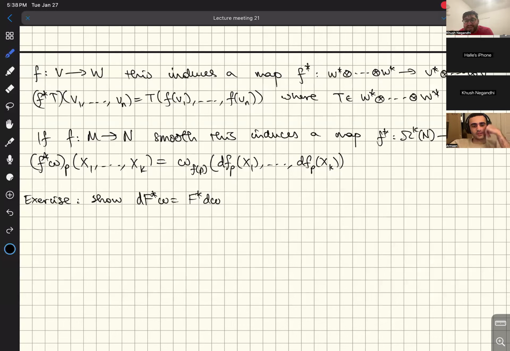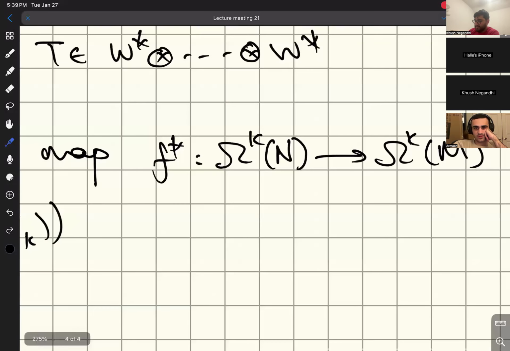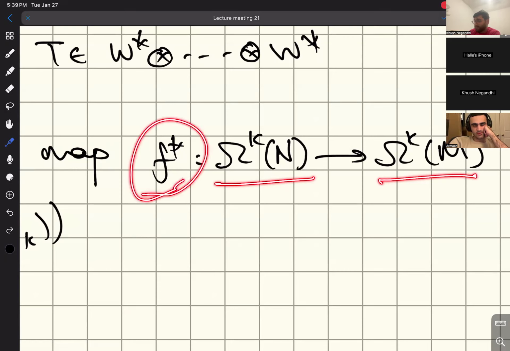But the fact that it's not bijective means there is literally no way of going back. There is no inverse. It's not saying that these two spaces are actually the same, because F could be the zero map, for example. Then every form gets mapped to zero.